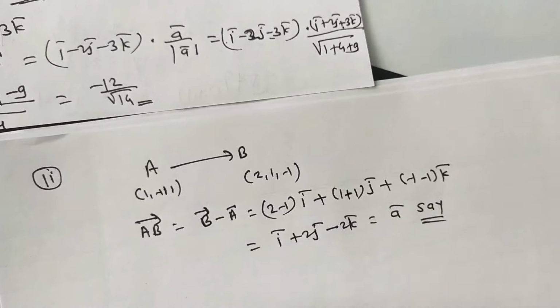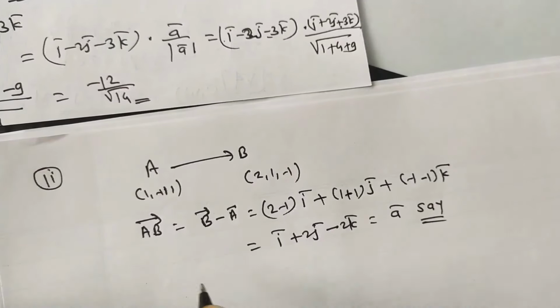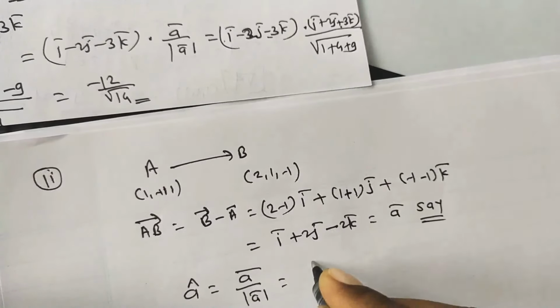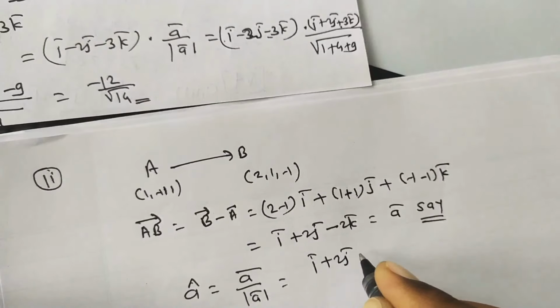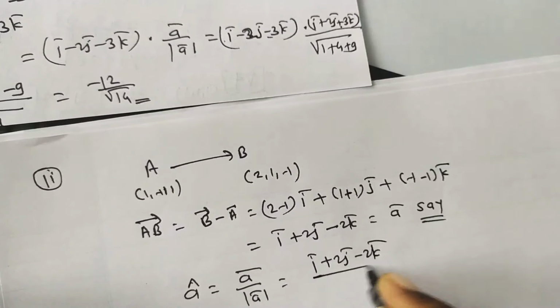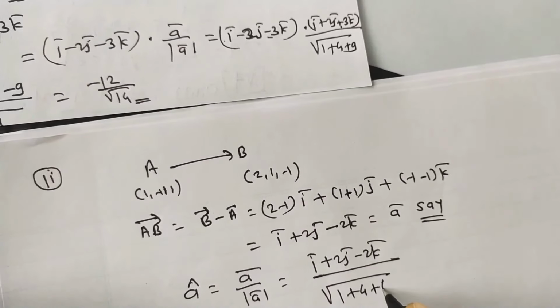Okay, so for directional derivative, what we want is a cap. a cap is the unit vector, that is a cap is equal to A bar upon magnitude of A bar, which can be written as i bar plus 2j bar minus 2k bar upon under root of 1 plus 4 plus 4.